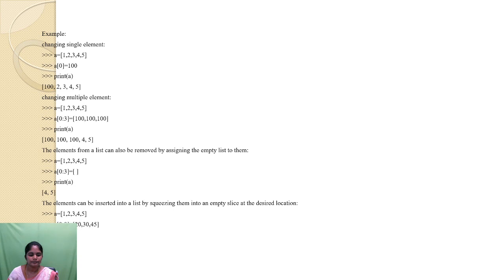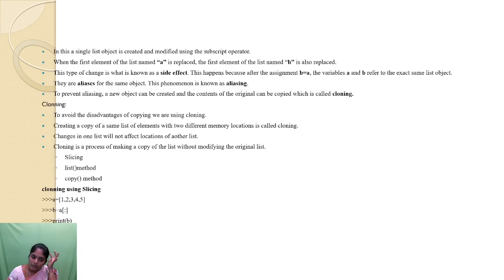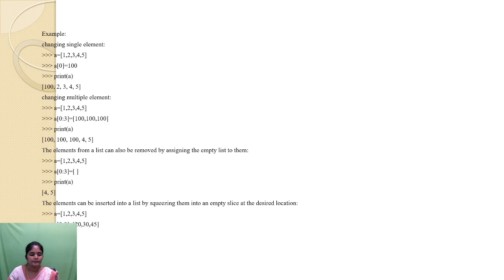If you want to create an empty slice, you use a of 0 colon 0. The 0th index is 0, and the ending index is also 0. Likewise you create an empty slice. Once again, you are given the list 1, 2, 3, 4, 5.